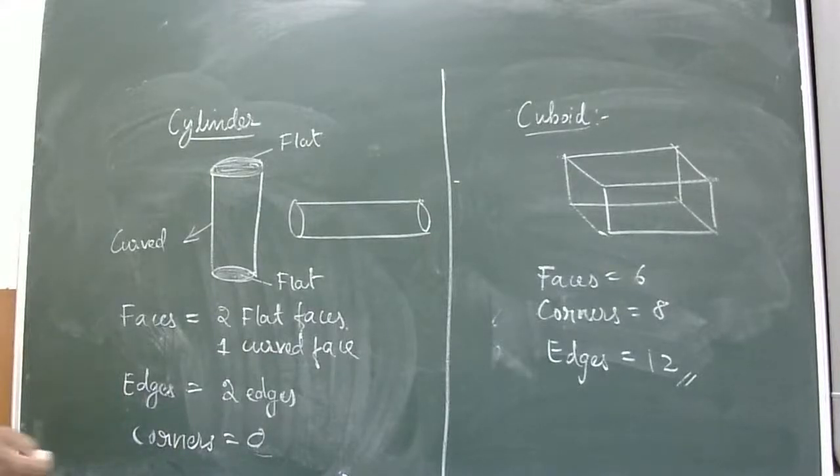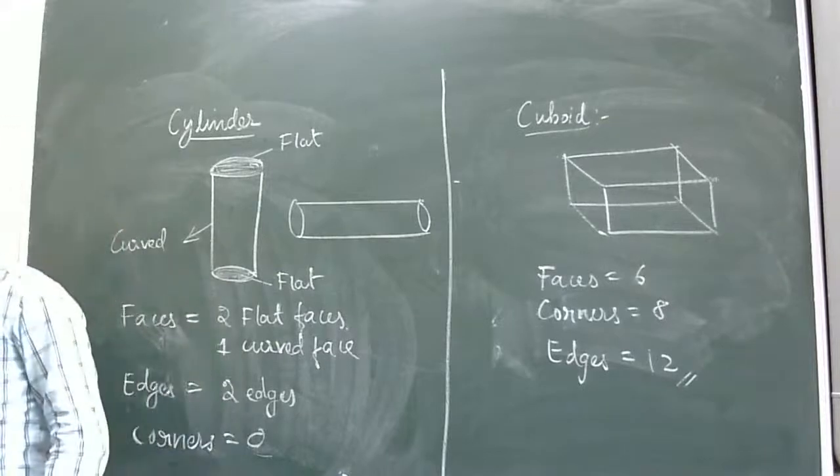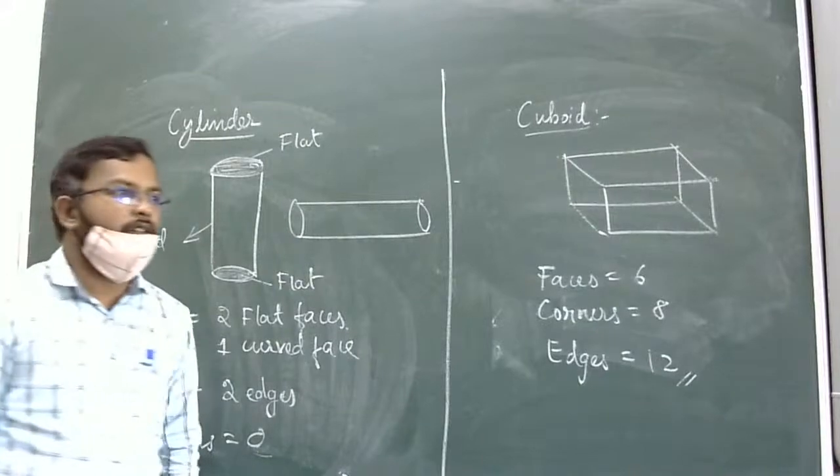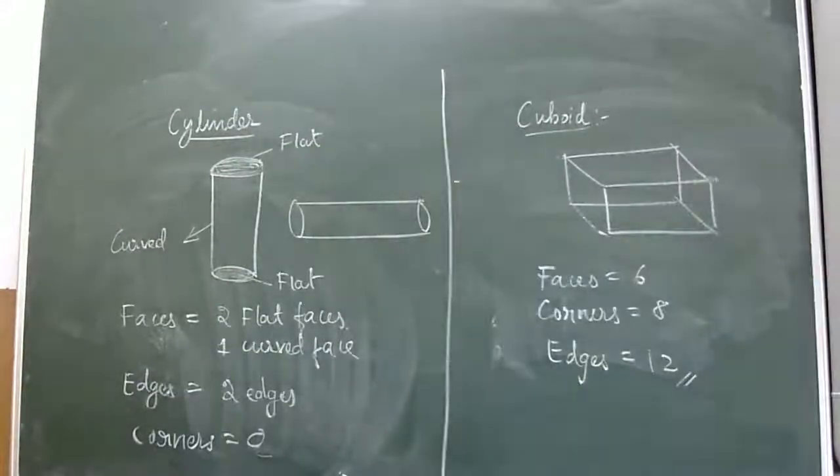So after this cylinder, your next shape is cone. Can you give some examples for cone? Ice cream. Have you not seen a cone shape? Christmas tree. What is your name? Love Kumar. So give me some examples for cone. She said ice cream. Any other example?